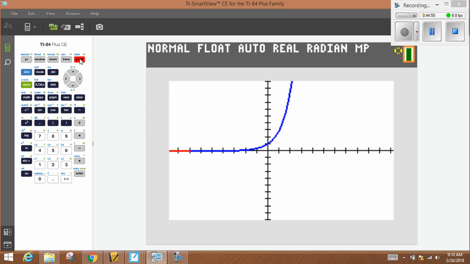There's a parent function. There's a horizontal scaling, and then a horizontal scaling and a horizontal translation. All right. Go ahead and sketch that in the area there in your book.